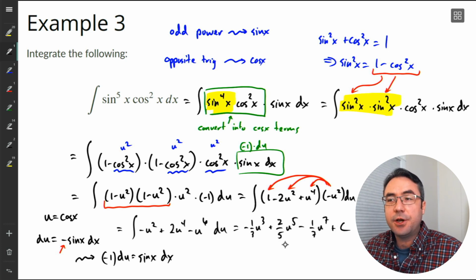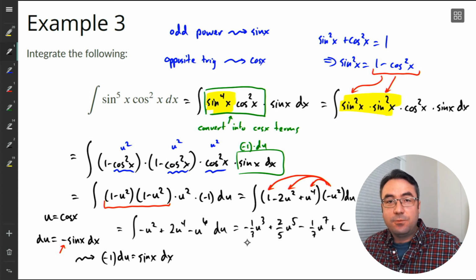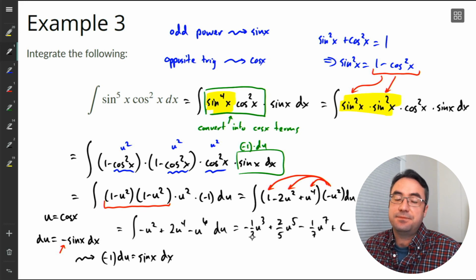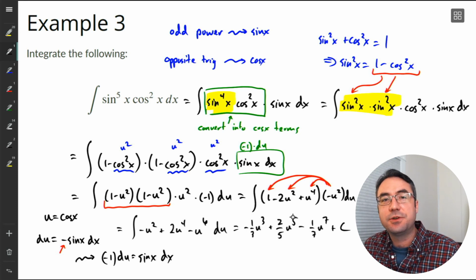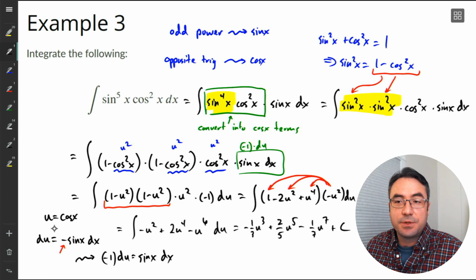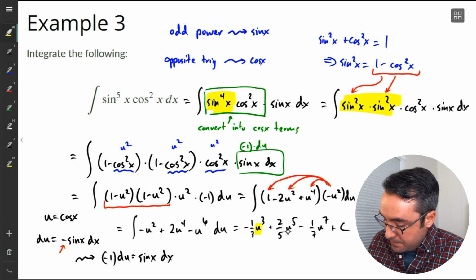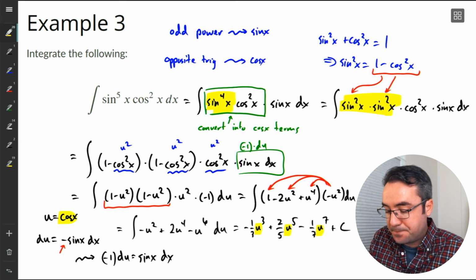And this is looking pretty good. We have our antiderivative now, so we're done with the actual integration. The only thing that's left to do, as is usual for substitution rule, is to convert all of these u's back to our original variable x. What was our original variable here? Well, we need to convert back with this cosine term. So wherever we see a u, here, here, and here, we're going to replace that with cosine of x.